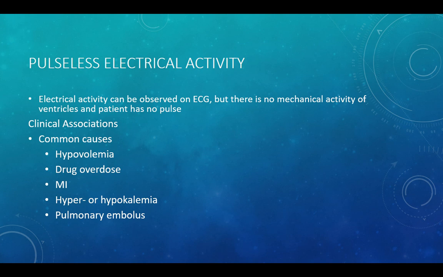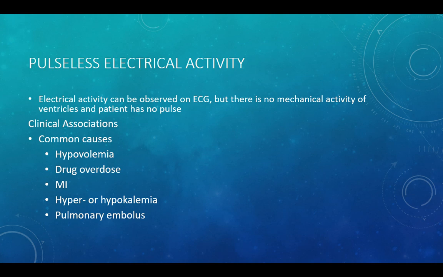So another type of fatal arrhythmia is pulseless electrical activity, PEA. Electrical activity can be observed on an EKG, okay, but there is no mechanical activity of the ventricles and the patient has no pulse.